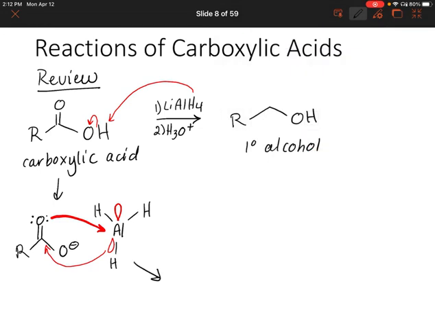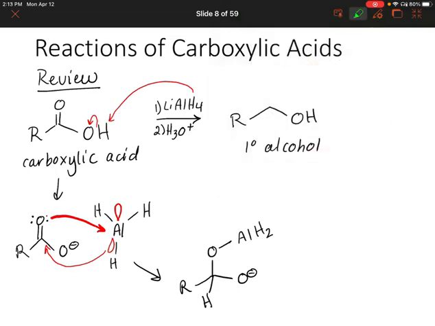So we end up with that top oxygen bonded to our aluminum, which now just has two hydrogens bonded to it. And we've added a hydrogen to our carbonyl carbon, or what was previously our carbonyl carbon.